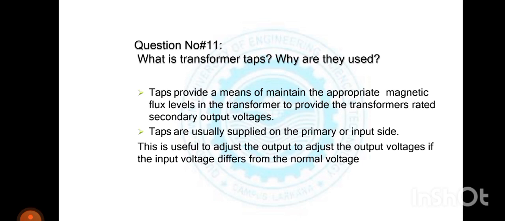Taps are usually supplied on the primary or input side. This is useful to adjust the output voltages if the input voltage differs from the normal voltage.